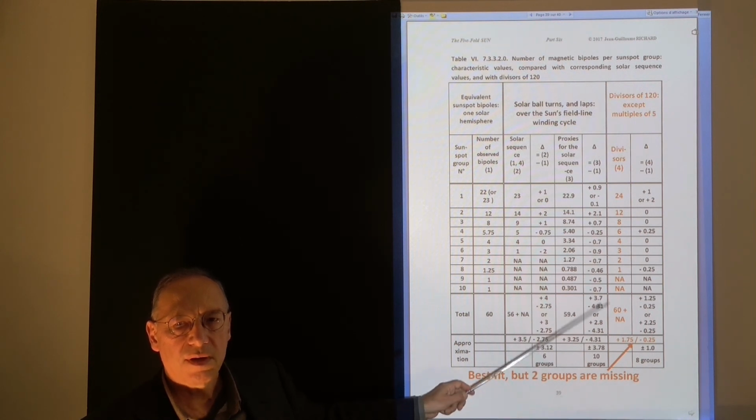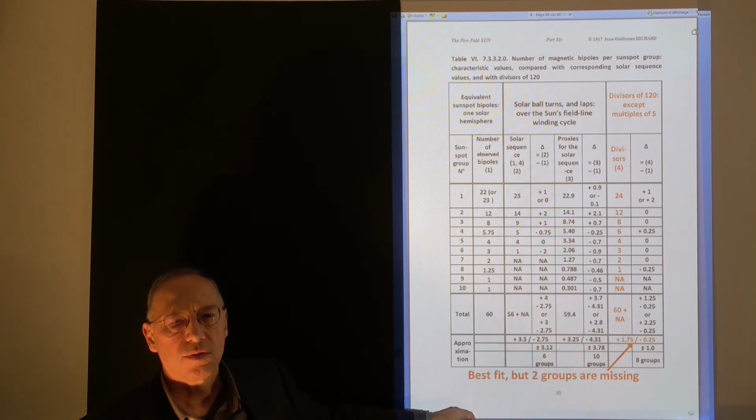But unfortunately we have only 8 groups. So the two smallest groups are missing if we predict the distribution of the numbers of sunspots and B-poles per sunspot group from the divisors of 120. This is as far as we can go in this investigation.